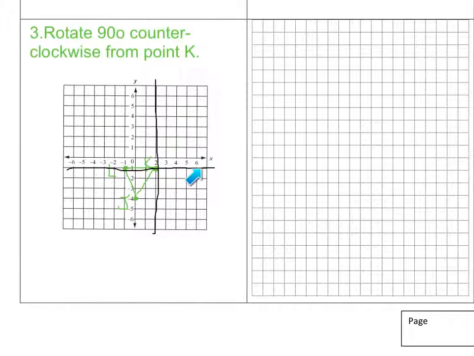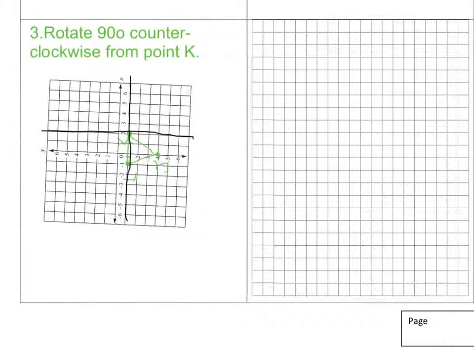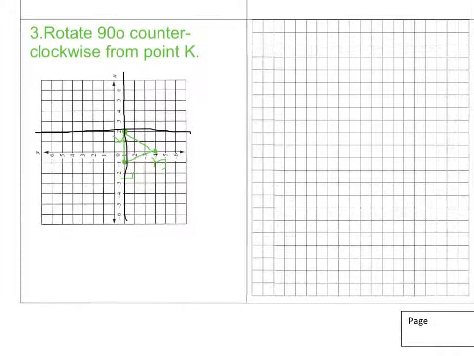Counterclockwise means it's going to go over here somewhere. So everything gets rotated off of K. If you have to, since it's going to go to the right, counterclockwise, we're going to take our image or take your paper. You're going to rotate it and then write down those new points.